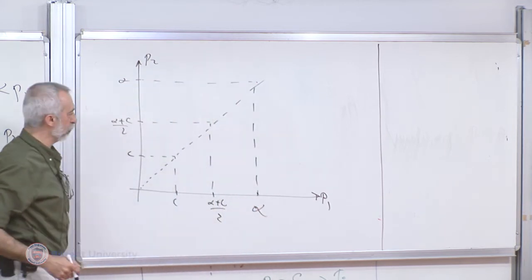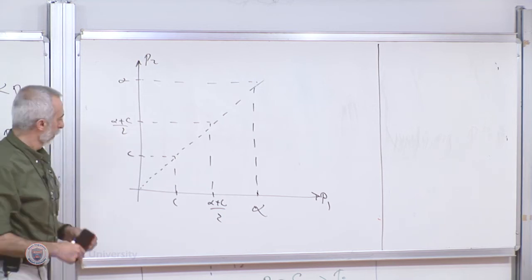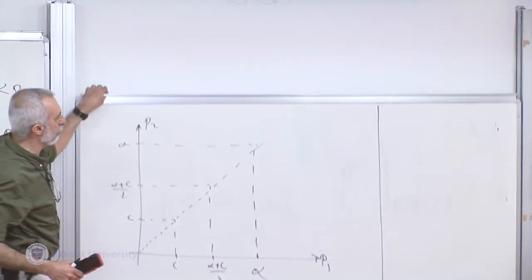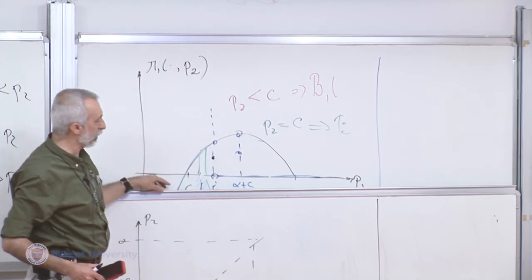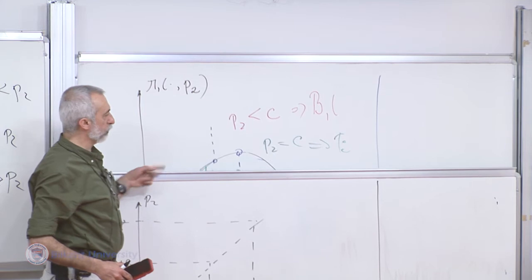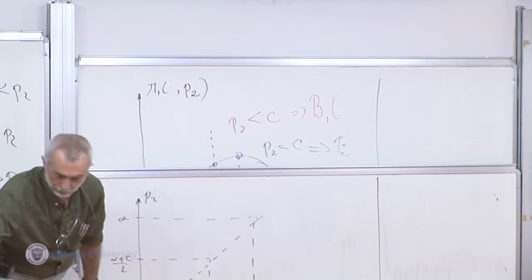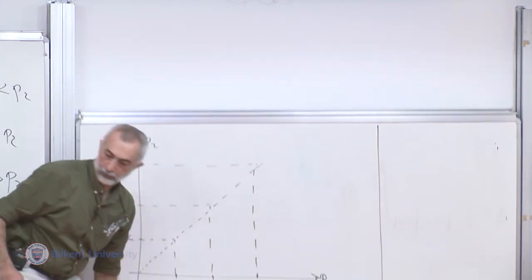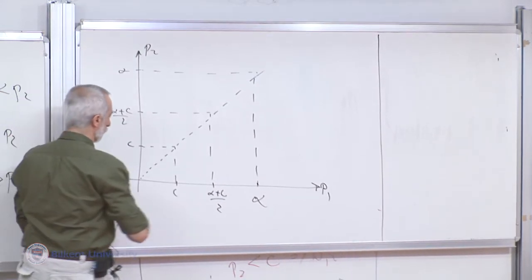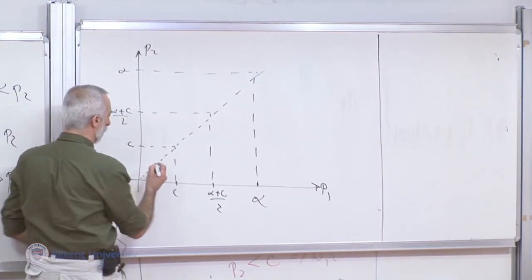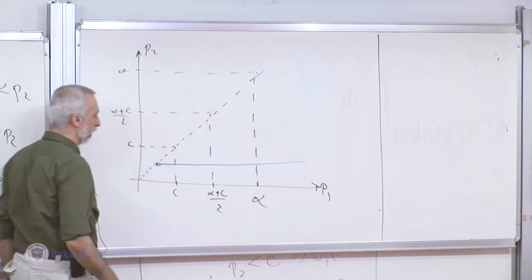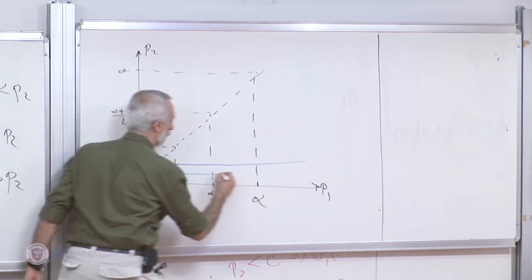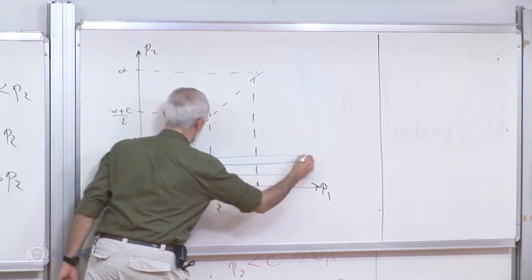So, best response for player 1. When P2 is less than C, what did we have? I erased it from there, but when P2 was less than C, it was from P2 to infinity, excluding P2. So if P2 was less than C, the best response was anything greater than P2. So we have all these. So if I keep doing this, this is what I will get.